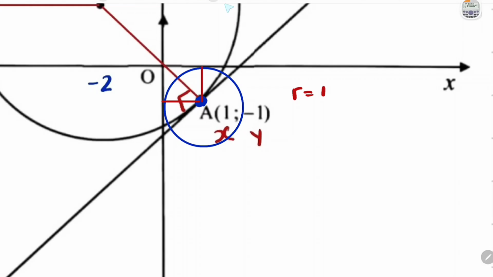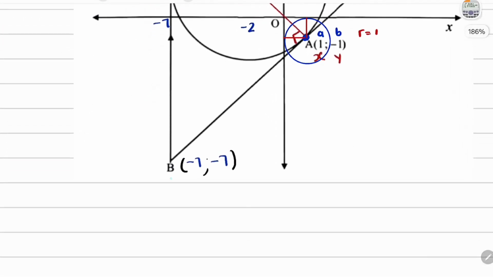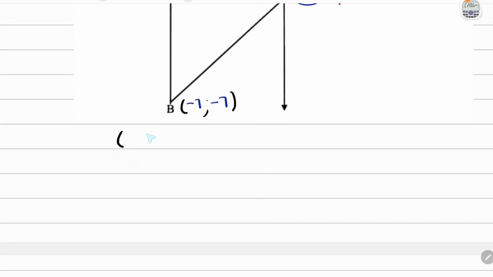That's all we need. So instead of taking this as x and y, we're going to use it as a and b. We just need the formula of the equation of a circle, which is x minus a all squared plus y minus b all squared equals r squared.